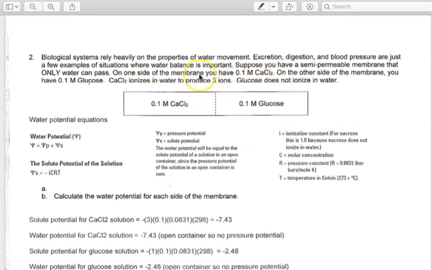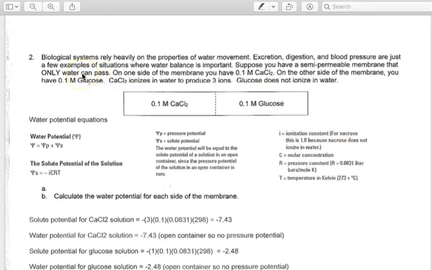If it tells you that on one side of the membrane you have 0.1 moles of glucose, and on the other side of the membrane you have 0.1 moles of calcium chloride, but the calcium chloride ionizes into three new solutes, then what you can think about is on one side you have glucose that doesn't ionize, so it only produces one solute, and on the other side you have calcium chloride, which ionizes and produces three solutes. That means that on the one side you're going to have 3 times as many solutes as on the other side, okay, on the glucose side.